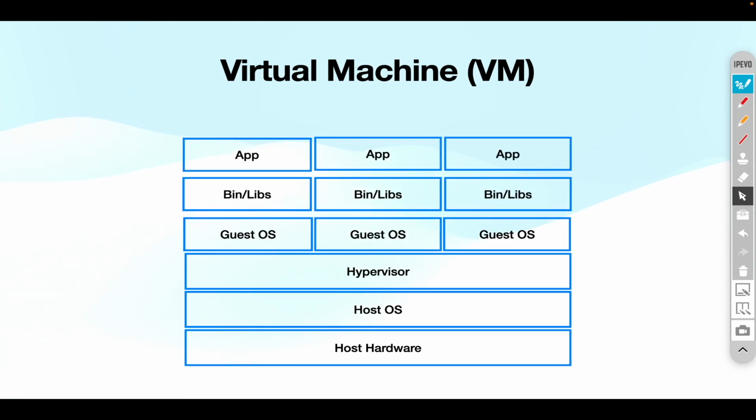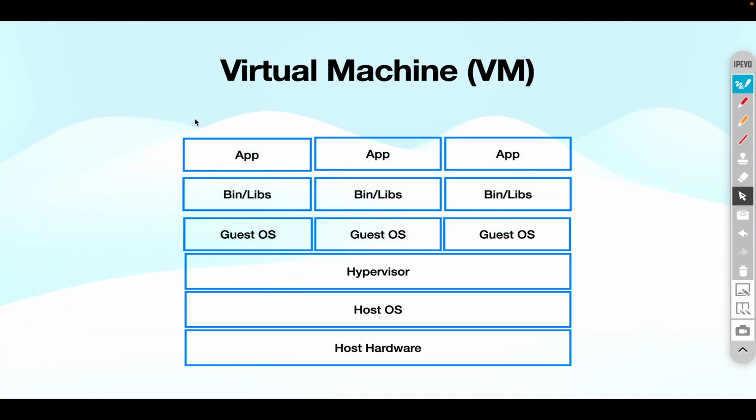Now you can see we have a guest OS. The first column is the first virtual machine. Similarly, we have three virtual machines created here. Virtual machines will have guest operating systems, and the operating system comes with its own binaries or libraries, and on top of that we will have an application inside that virtual machine.